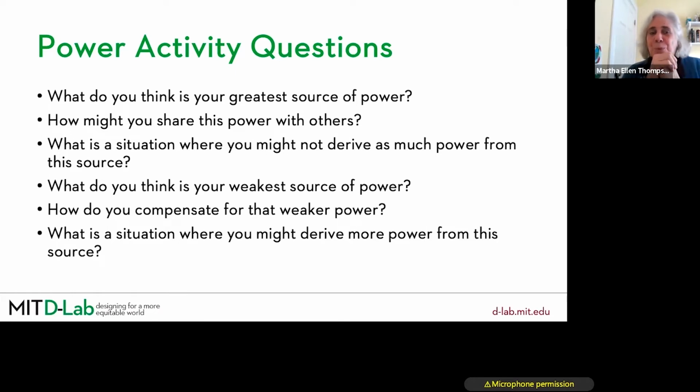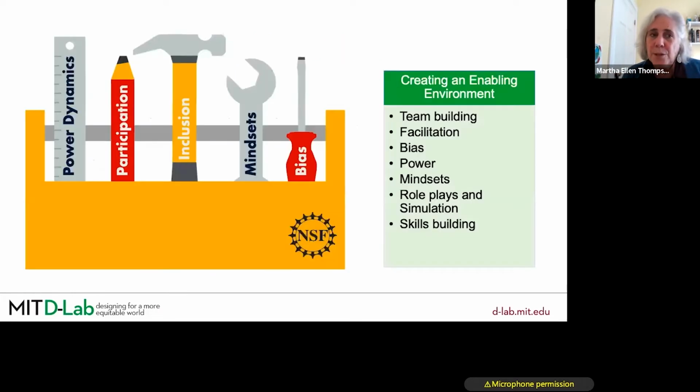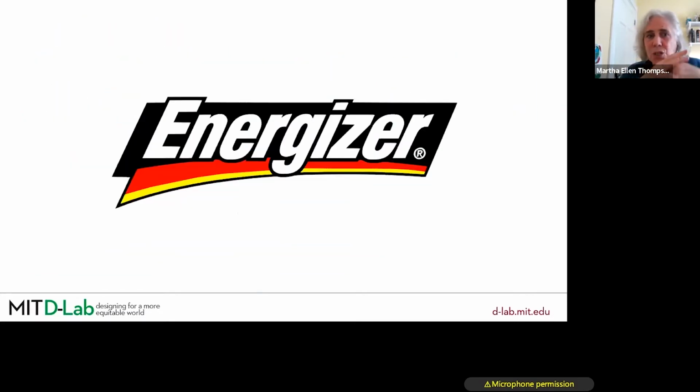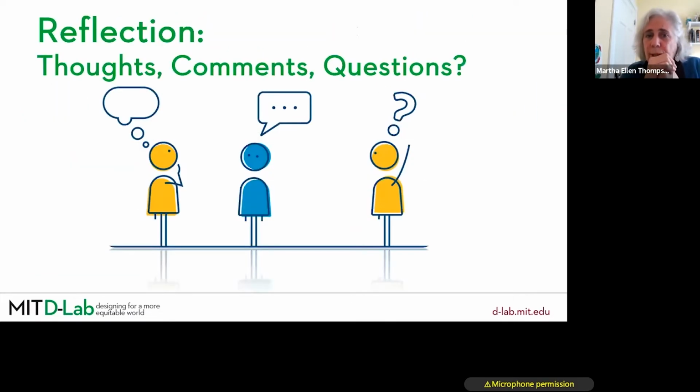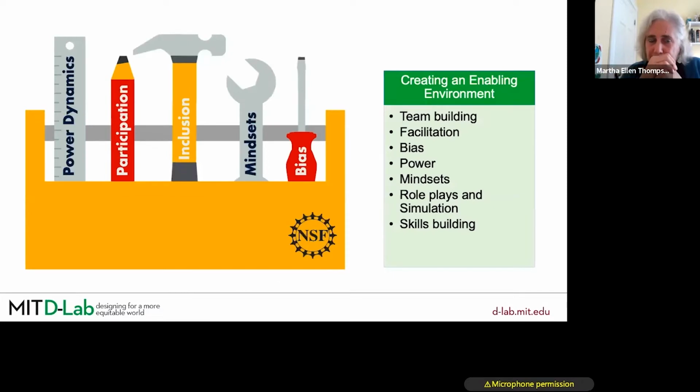That means we want everybody to be able to participate together. But just because you bring everybody around a table to do a design program doesn't mean that everybody is equally able to participate. So we want to look at things like team building and facilitation to make sure that people feel they can participate fully and to create an environment where everybody feels comfortable to participate.